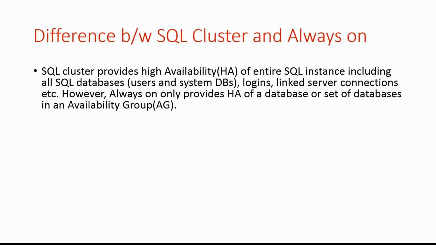So if you have 10 databases, and 5 of those are part of an availability group, and for some reason the instance or primary replica goes down, then only 5 databases will be available on the secondary replica, and the rest of the 5 will not be available. Something to think about when you are designing a high availability disaster recovery solution.